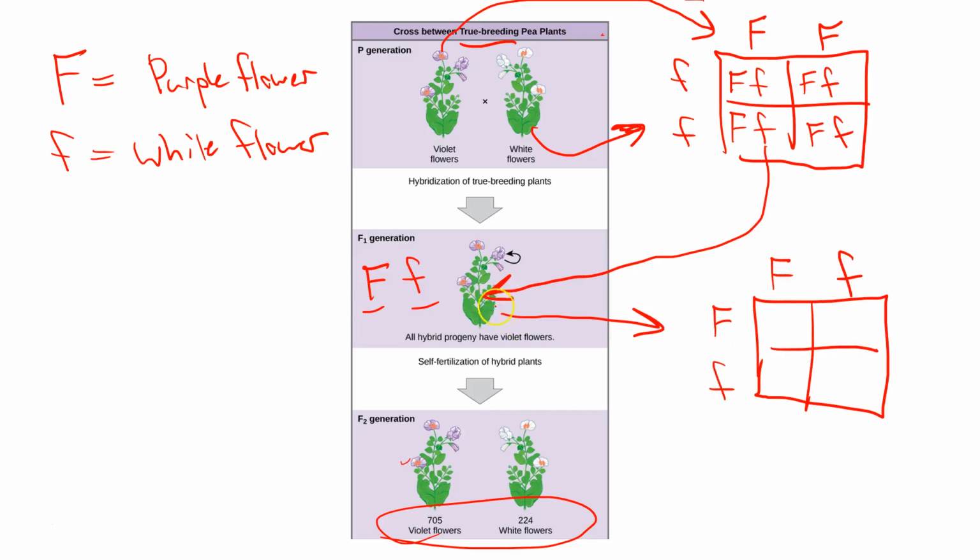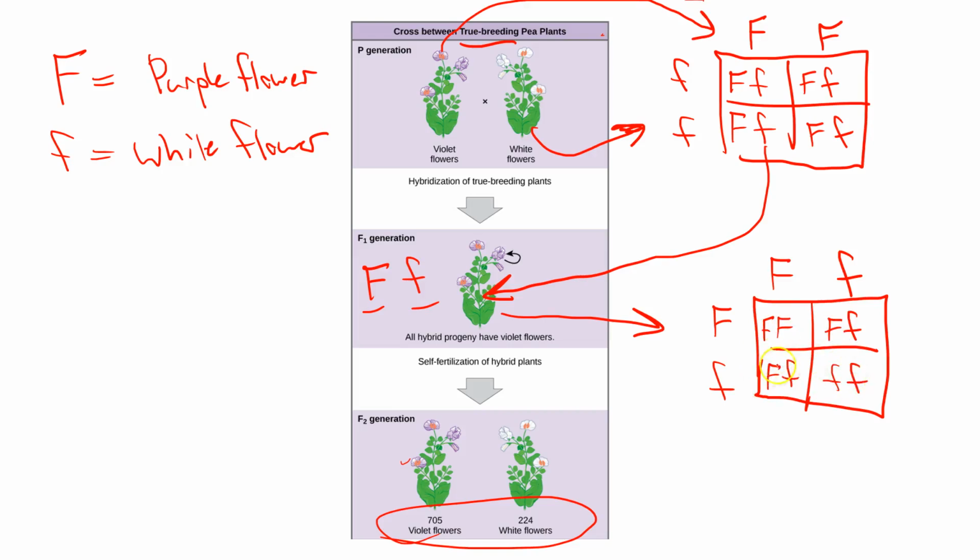So, plant number 1 could produce a sperm that either has the big F allele or the little f allele, and plant number 2 could either have an egg that has the dominant allele or the recessive allele. Well, if you cross these 2 together, then here are all of the combinations that could happen.